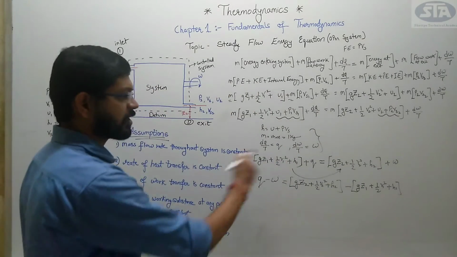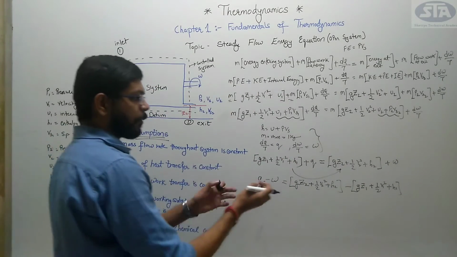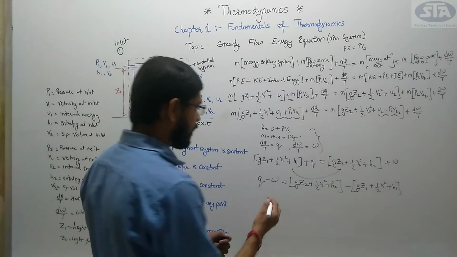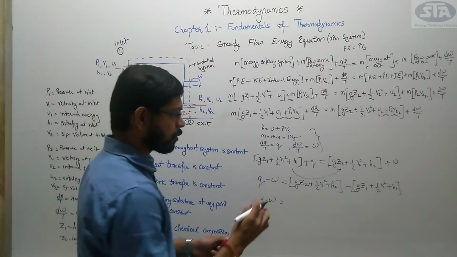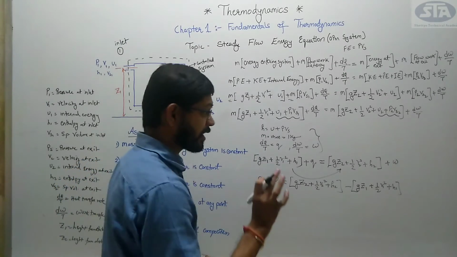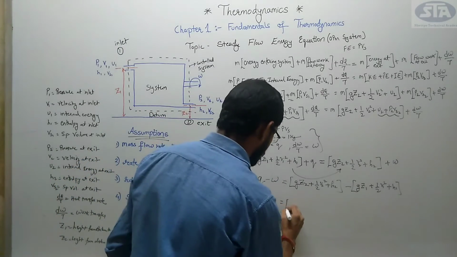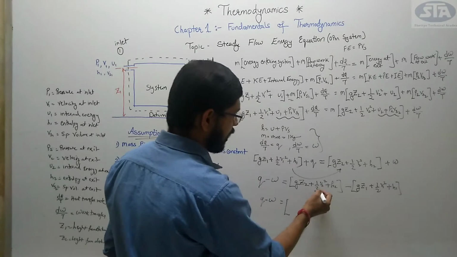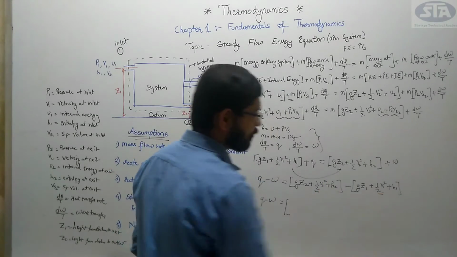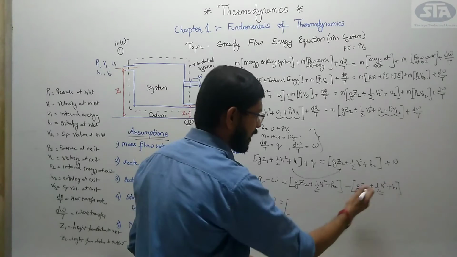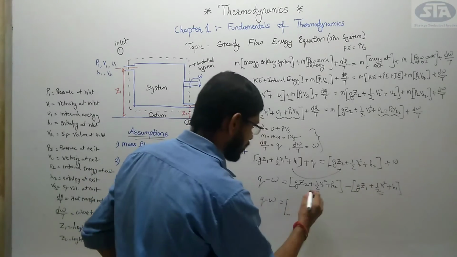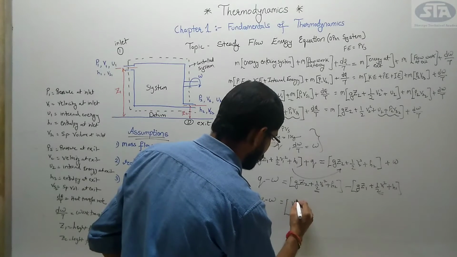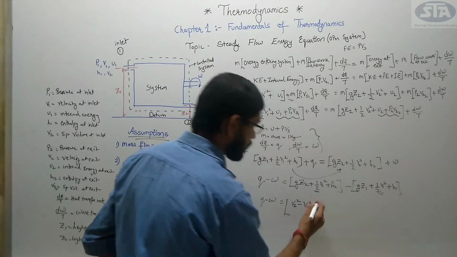I'll just rearrange this. Now if I open this bracket and combine, what would my equation be? Just see carefully what I am doing. This is my term half V2 square, this is my term half V1 square. If I open this bracket, this positive would turn into negative. So what would my next step be: V2 square minus V1 square, right?